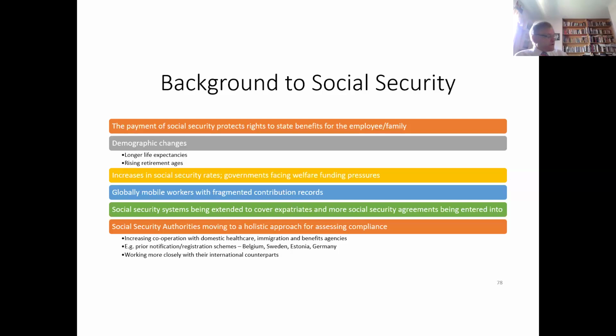The interesting element is that other parties, so for example, the Reform Party, again, is trying to use Social Security as a means of implementing policies, and has proposed a super rate of 20% for employees employed from overseas in the UK, except in important or critical areas such as the health service and social care.